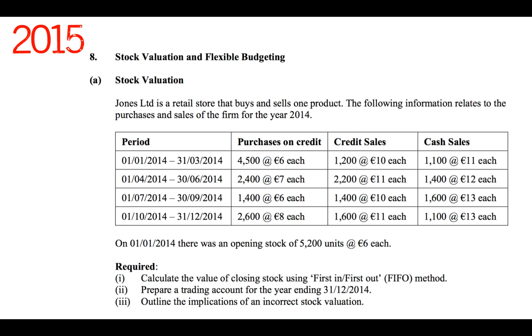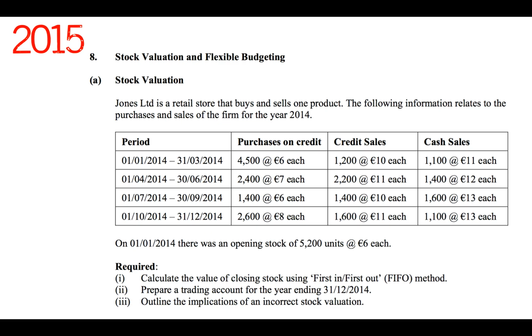The third period, we have purchases of 1,400 units at €6 each, credit sales 1,400 at €10 each, and cash sales 1,600 at €13 each.